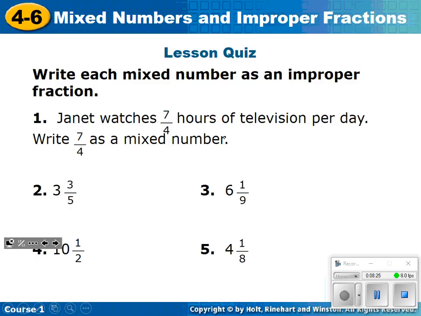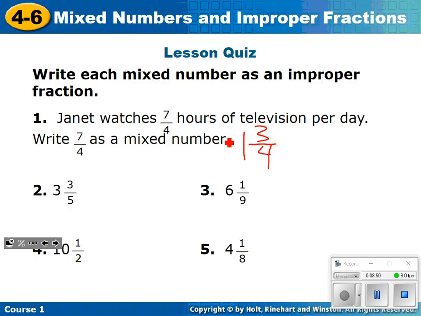Janet watches 7/4 hours of television per day. What is 7/4 as a mixed number? Isn't that the last one we just did? Xander? Oops. 4 goes into 7 1 time with 3 left. Okay.